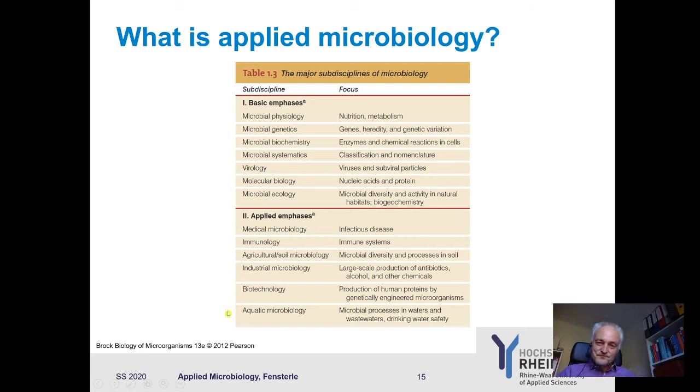And you see that in this course it's kind of a mix. So we talk about metabolism also, which is more part of the basic emphasis. We also talk a bit about infection biology, virology, which is also basics, but which is at the same time, infection biology, of course, applied, because this goes into medical microbiology, and this is the emphasis we put here.